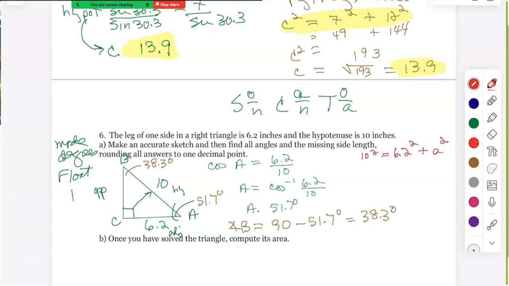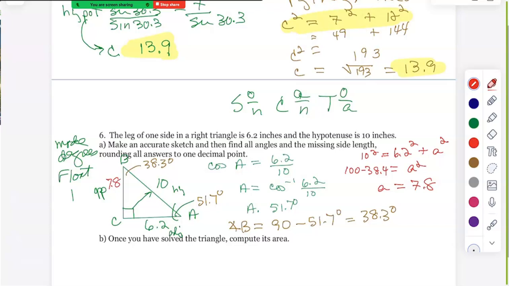So let's do that. 100 minus 6.2 squared, which is 38.4, so 100 minus 38.4 is a squared, square root of the answer, and I'm getting 7.8 for A. I did not do it that way, but I got the same answer.